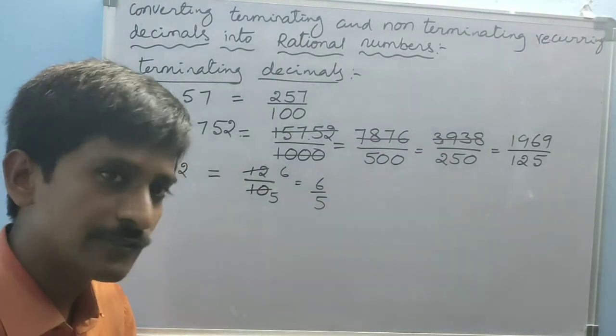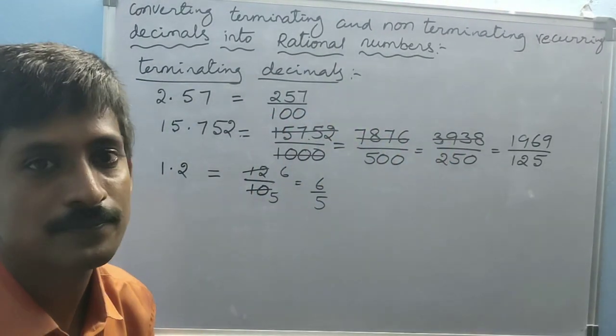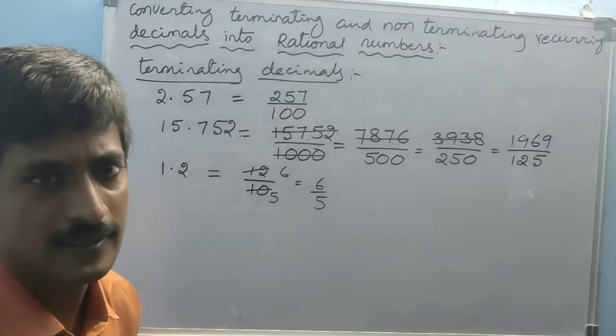Rational numbers means fraction form. So this is the fraction form. It is the easiest one.